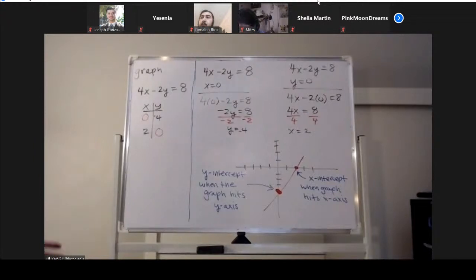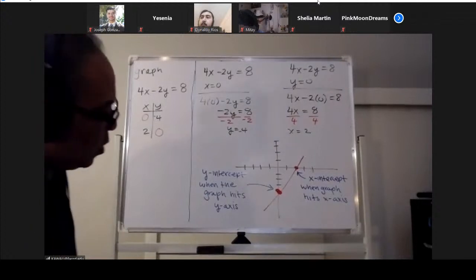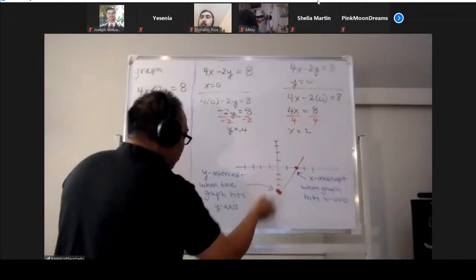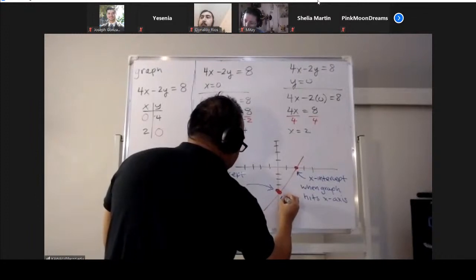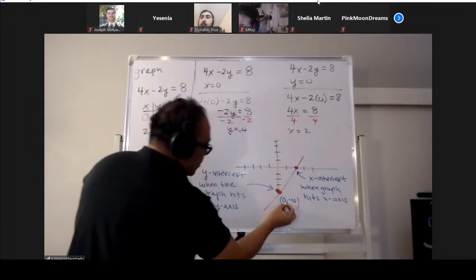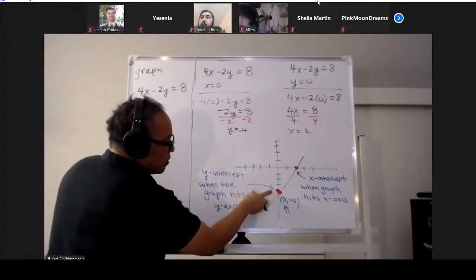Okay. Now, the way to get the intercepts is always to do 0, 0. And the reason why is that whenever I hit the y-axis, my x has to be equal to 0. It's that 0 that makes me hit it. Okay.